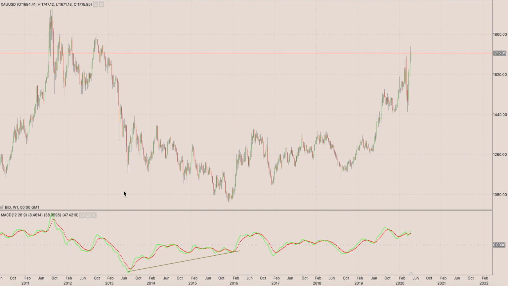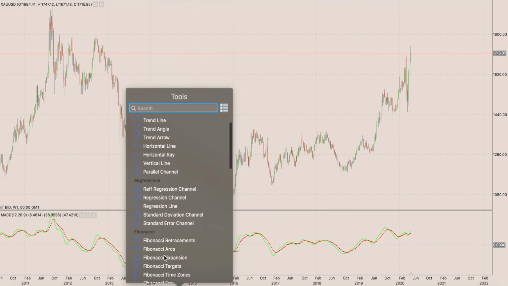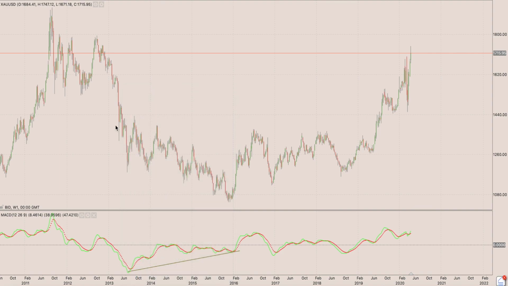If you're a newcomer and don't want to do mental or visual calculations and need something more concrete, there's a way to quantify this. Use expansion lines, which in some software packages is called Fibonacci expansion lines.